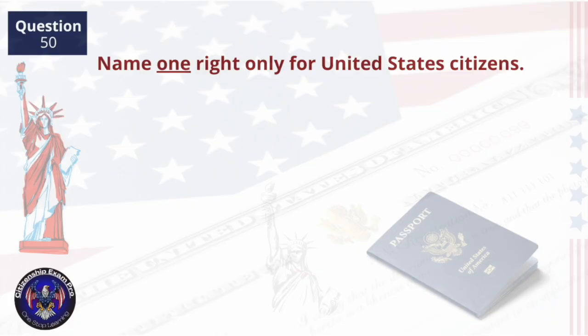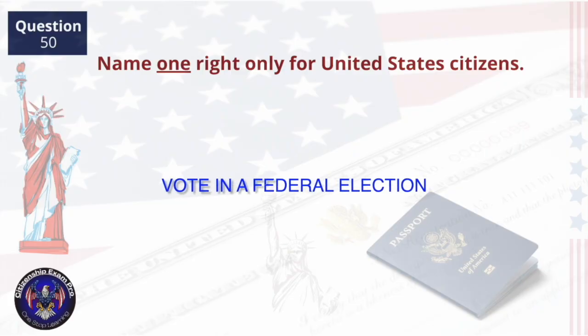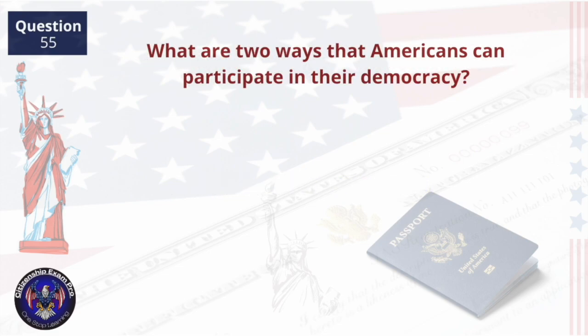Name one right only for United States citizens. Vote in a federal election. What are two ways that Americans can participate in their democracy?